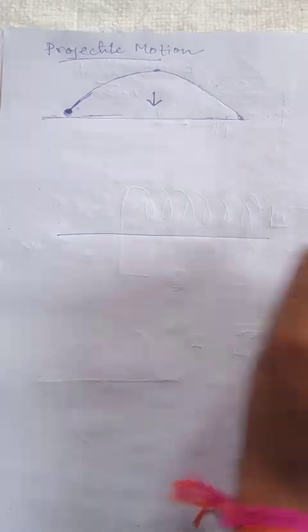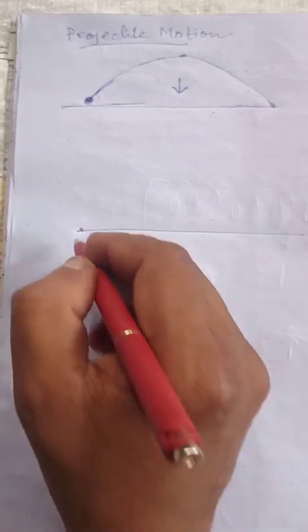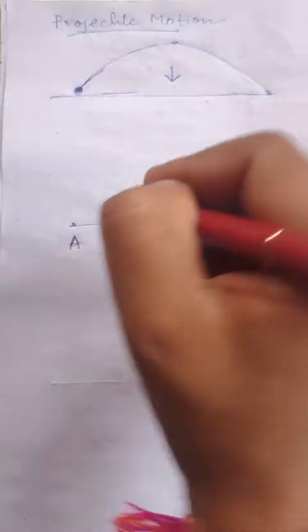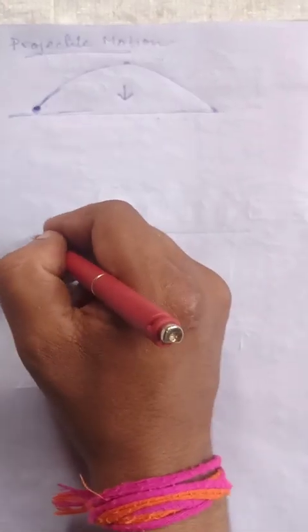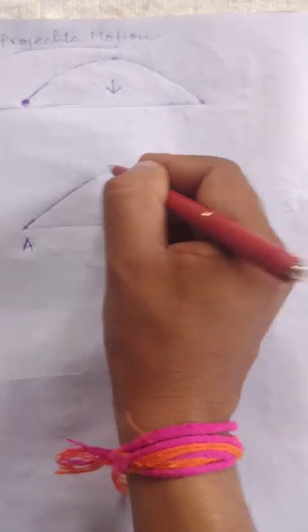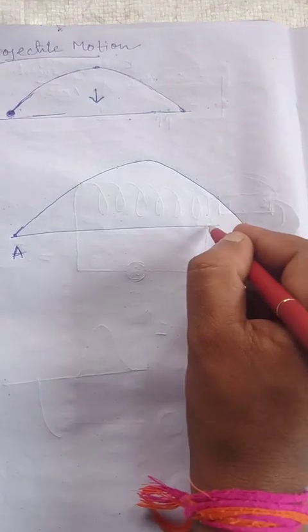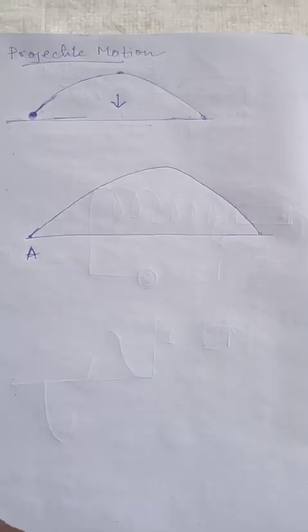That is the ground point, and from a point, if we throw a projectile in the upward direction, it will move, reach a maximum point and come back again to the ground.